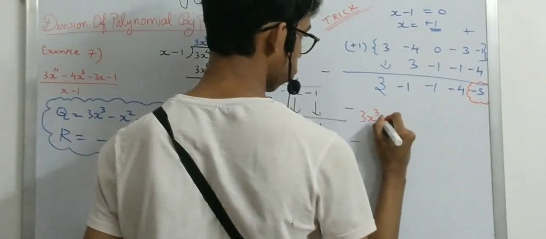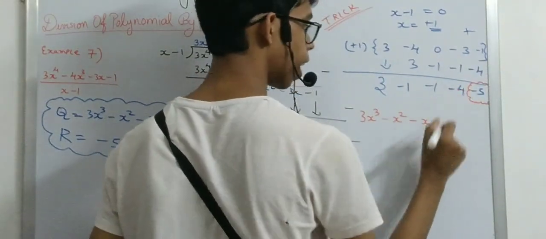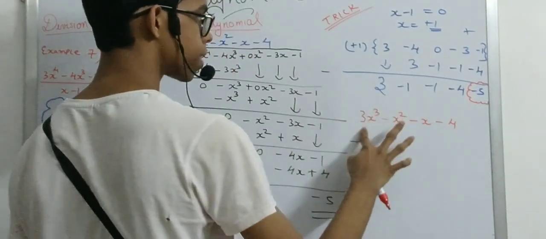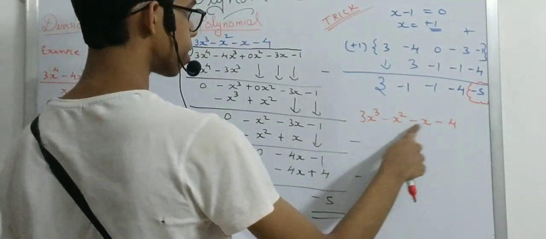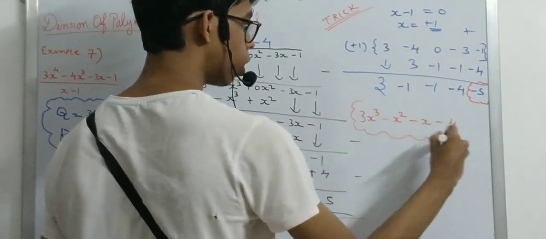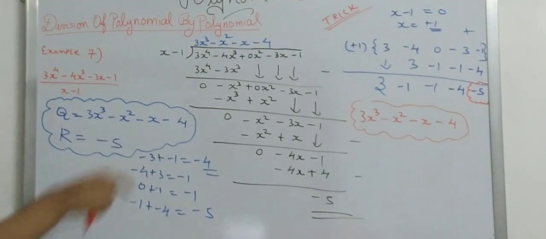So 3x cube minus x square minus x, and this will be the constant term. Okay, so 3x cube minus x square minus x minus 4. Okay, so this is the same thing that we got over here, isn't it? The quotient. Okay, I hope it is clear. Either way you do, you will be getting the same answer. Okay, I hope it is clear to you.